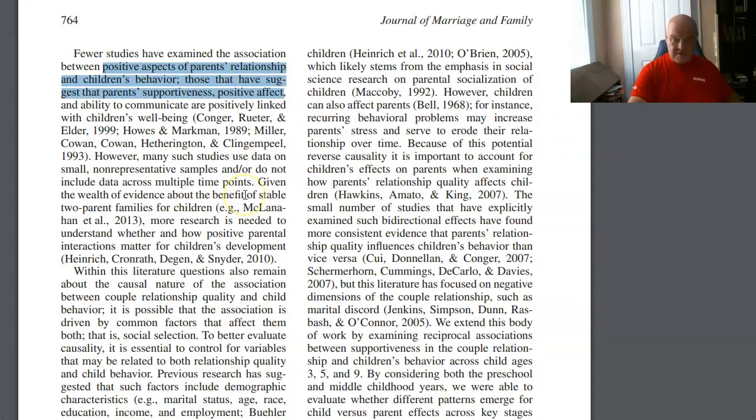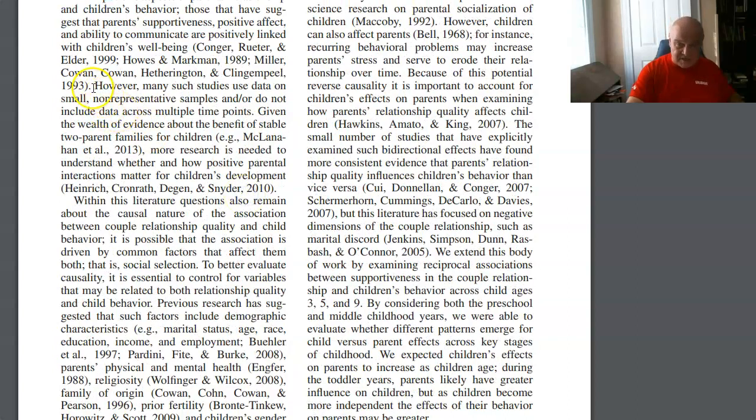Okay? And then they give you a critique. Many such studies use data on small, non-representative samples and do not include data across multiple time points. Okay, let's look at what this means critically. A sample means that your sample should somehow, as best as you can do it, look like a population on which you're drawing from.